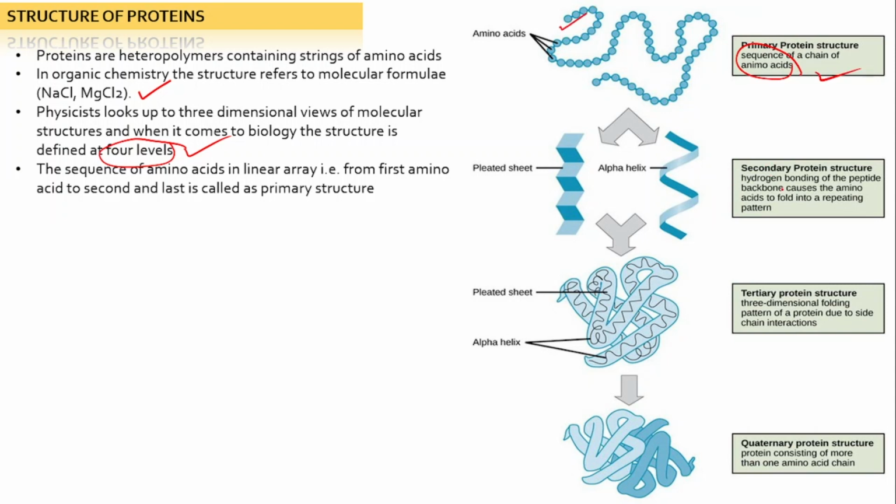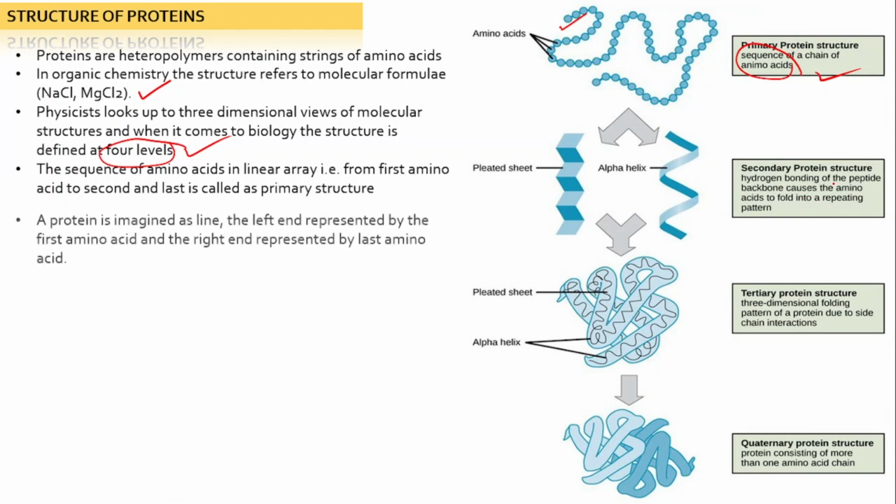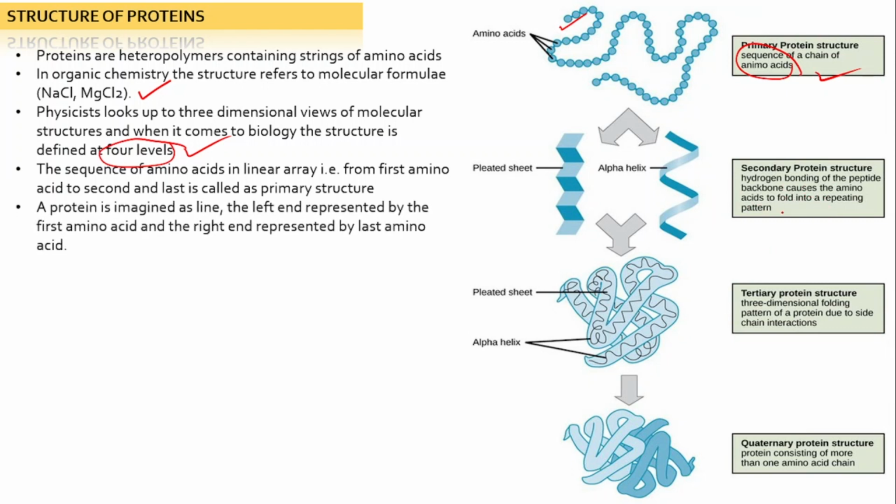In the secondary structure, hydrogen bonding of the peptide backbone causes the amino acids to fold into a repeating pattern, for example a folded form like a staircase. Peptide bonds are present between the amino acids.